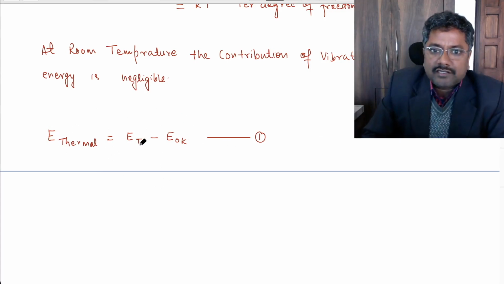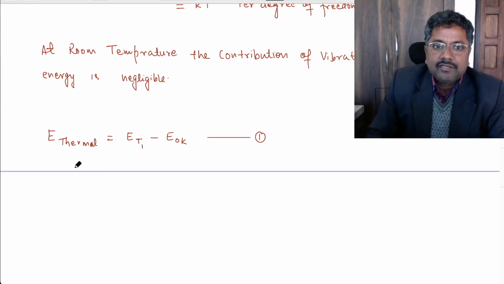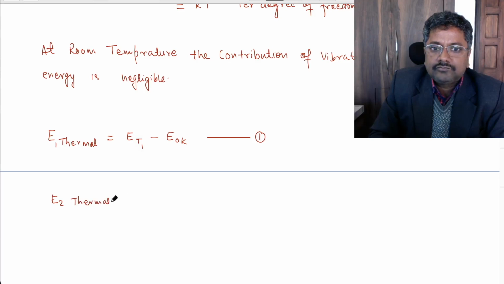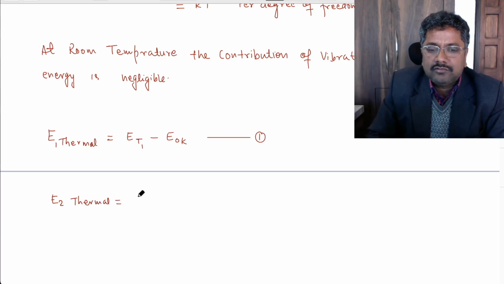Now suppose that this is at T1 Kelvin. So this is E1. So E2 at some different temperature, E2 thermal is equal to ET2 minus E0 Kelvin.